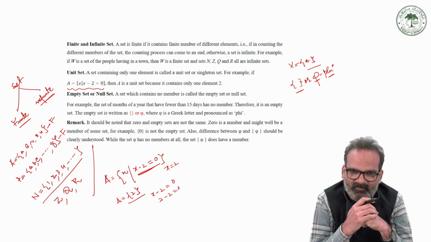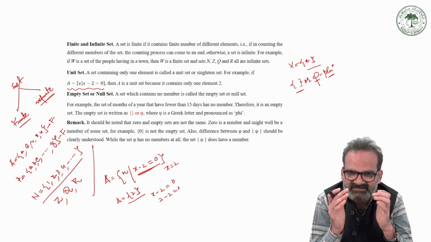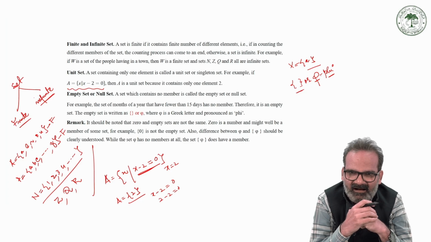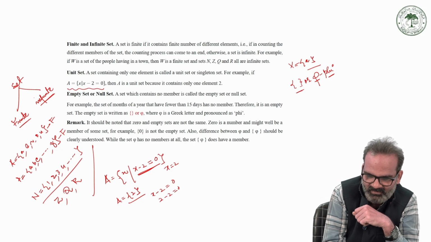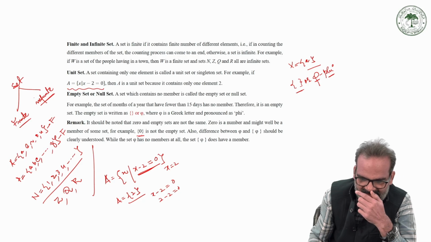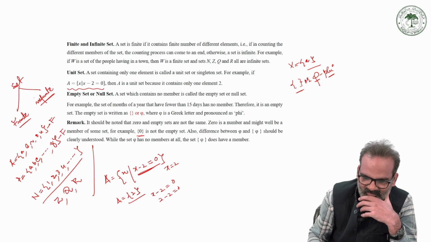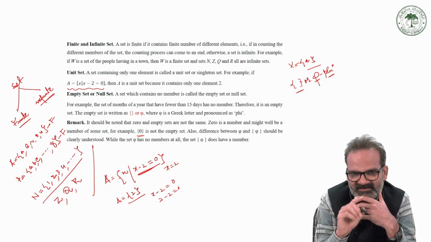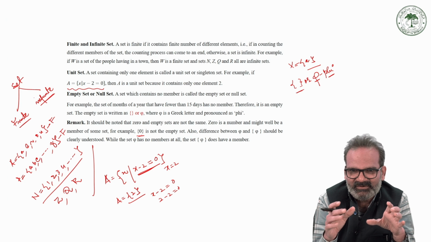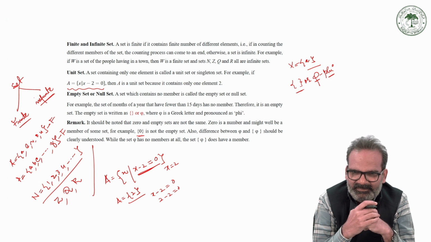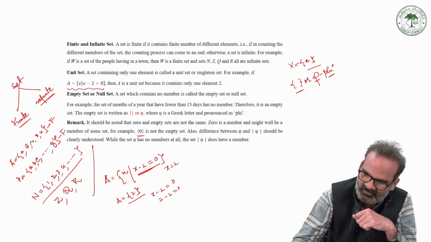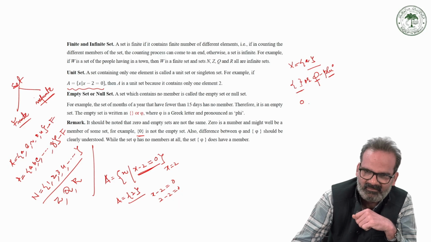One should understand the remark: it should be noted that zero and empty set are not the same. Zero is a number and might well be a member of some set. For example, this zero is not an empty set. If I write zero like this, it is one thing.